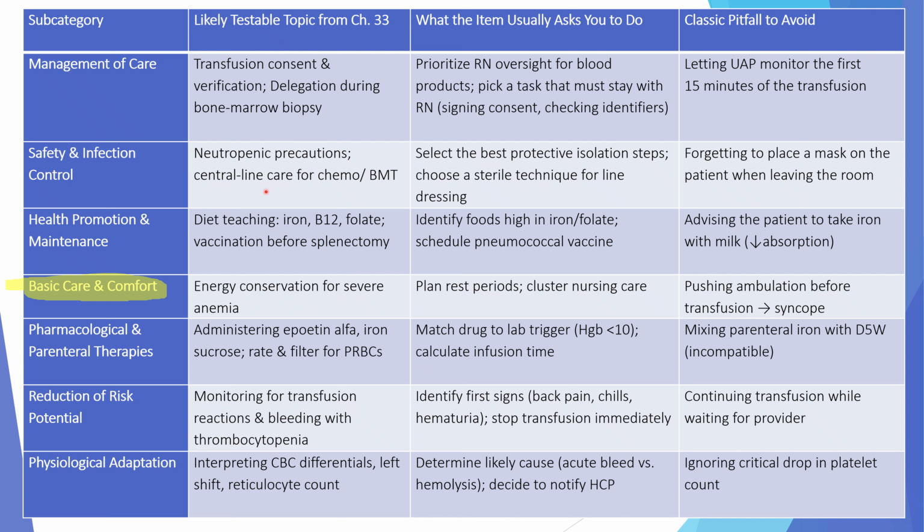Neutropenic precautions, central line care for chemo. Select the best protective isolation steps. Choose sterile technique for line dressing. Avoid forgetting to place a mask on the patient when leaving the room.